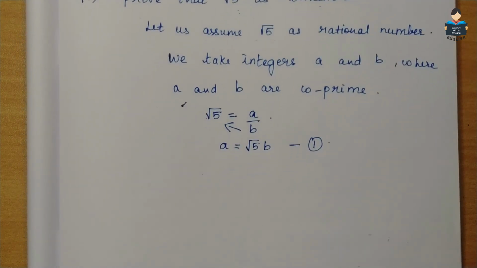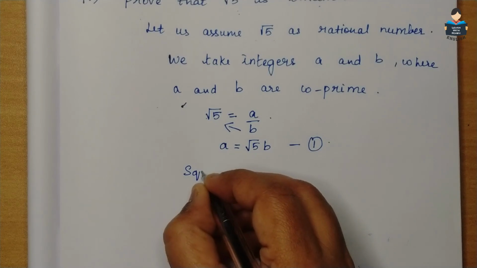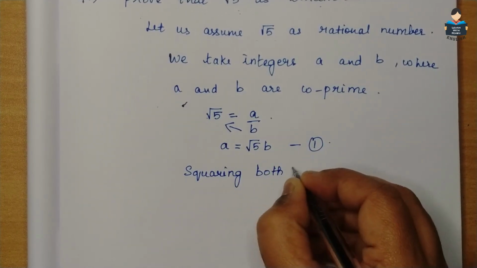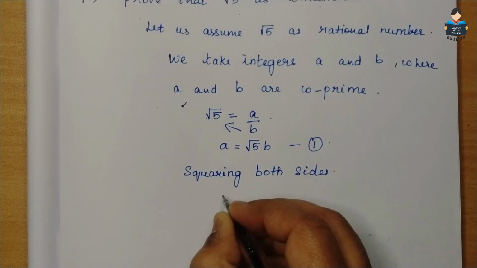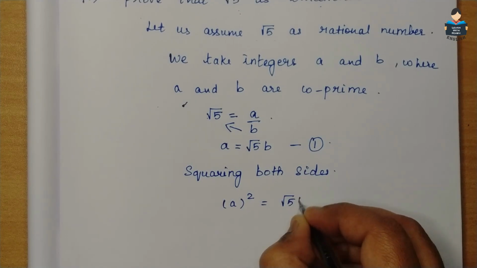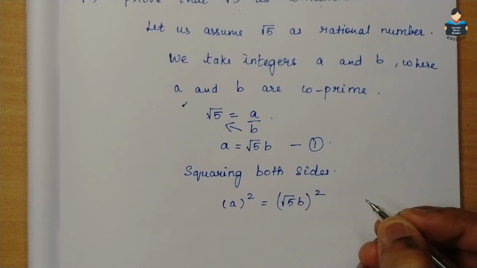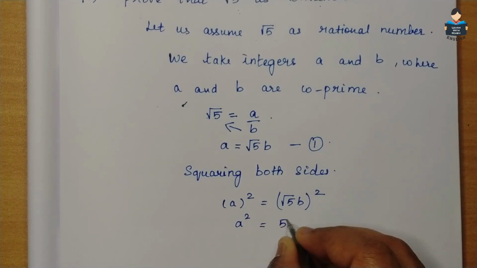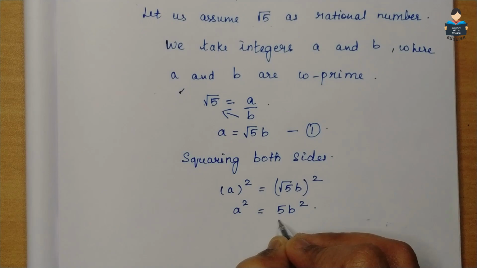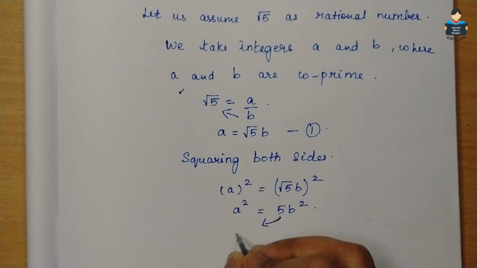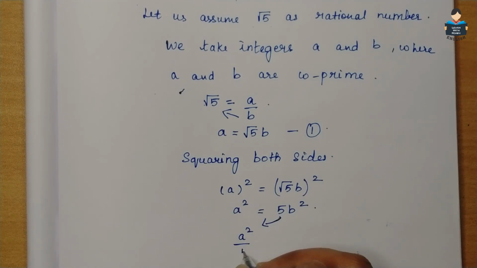Now I am squaring both sides. Squaring both sides, I get A the whole square equal to root 5 into B the whole square. So I will have A square is equal to 5B square. Now I bring this 5 to the left hand side and I will get A square by 5 equal to B square.